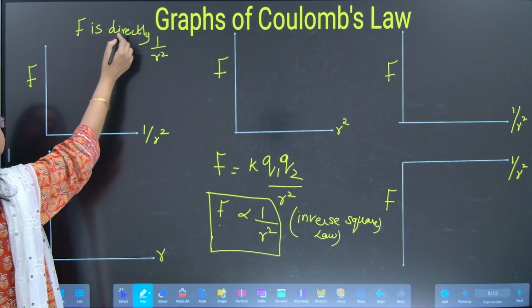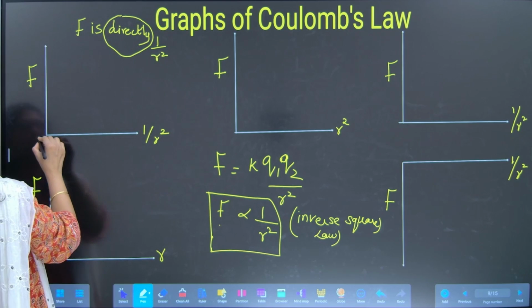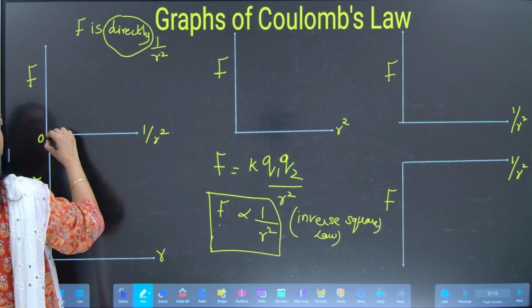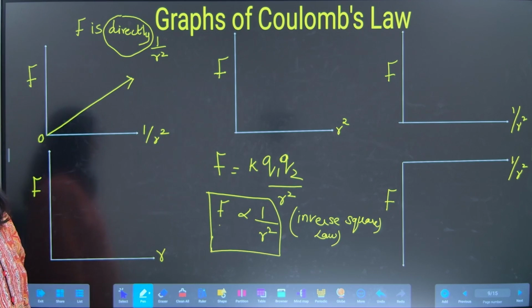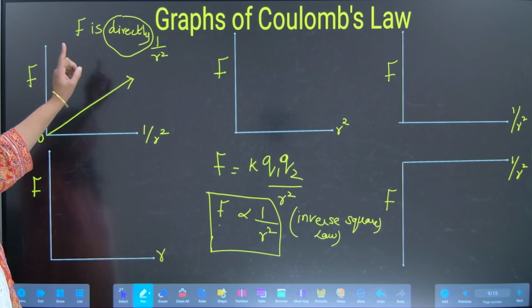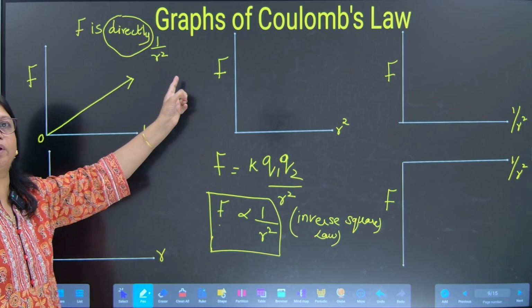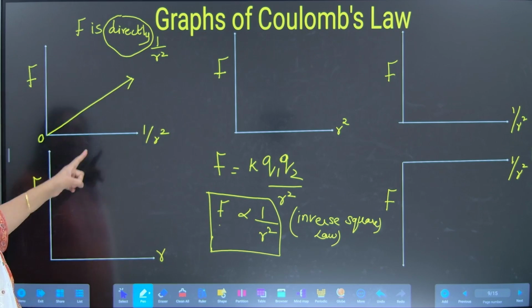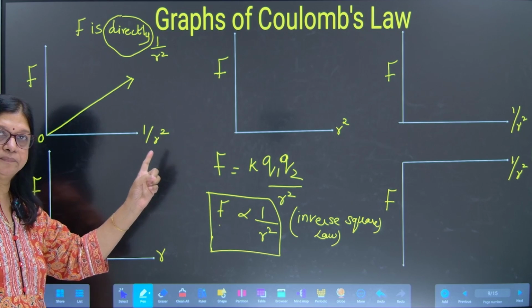So I must have a straight line graph starting from the origin.